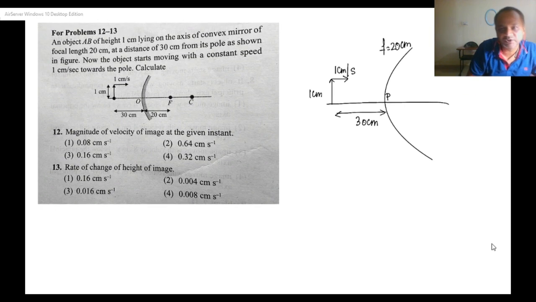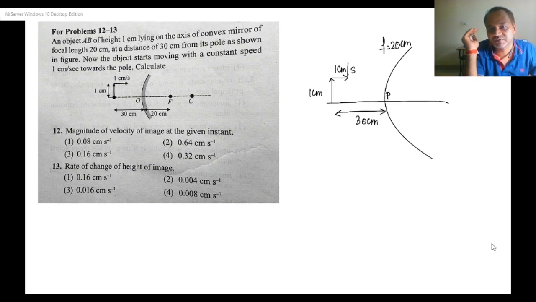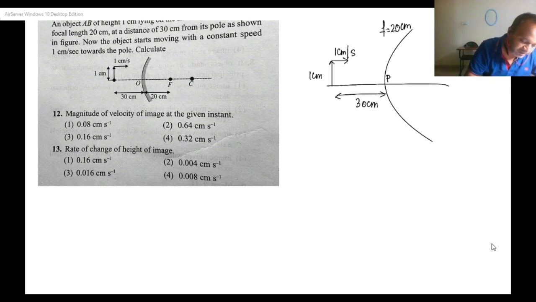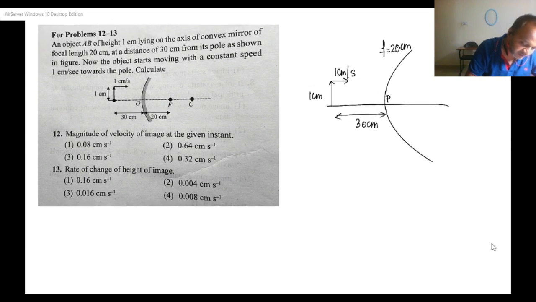To solve such kind of problem, in our earlier videos also we have seen how to approach such kind of problem. So the first thing that we'll be doing here is we'll be using the mirror formula, 1 by f is equal to 1 by v plus 1 by u, right? After using this, we can just differentiate this mirror formula.